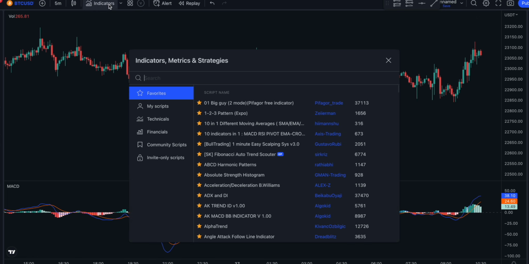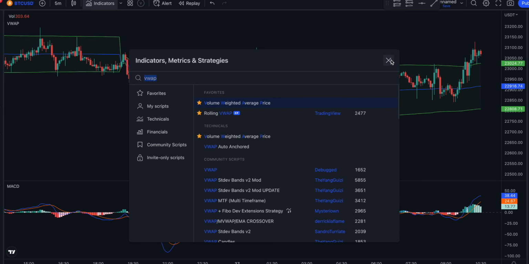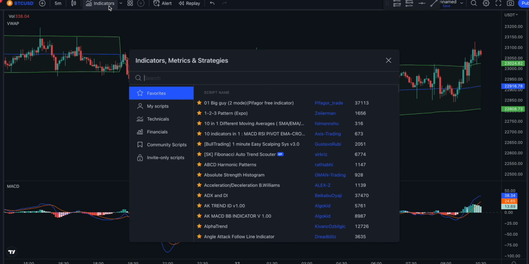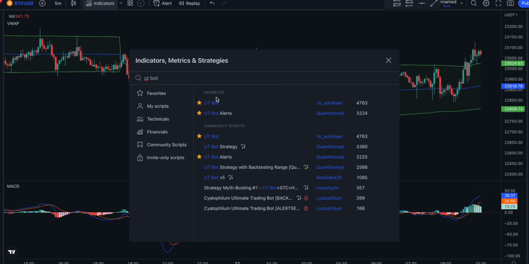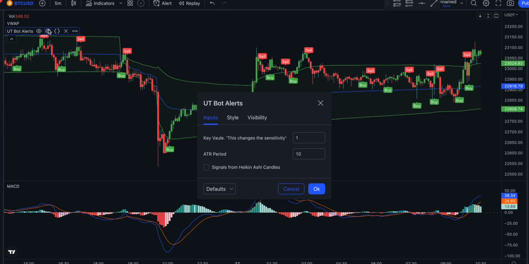For the second tool, search for Volume Weighted Average Price. Choose this indicator right here. Its settings will also remain by default. Finally, for the third indicator, add UT bot alerts. Select this one that was created by Quant Nomad. Access its settings and change the ATR period to 5. That's it, the strategy is ready.